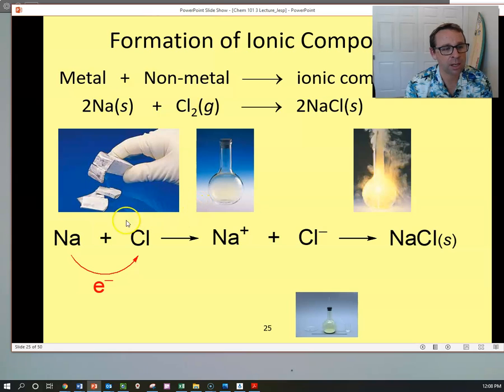So here is the reaction that we introduced last time, and we can go over it again. Sodium reacting with chlorine. Sodium was sad because it needed to get rid of an electron. Chlorine was sad because it needed to gain 1 electron.